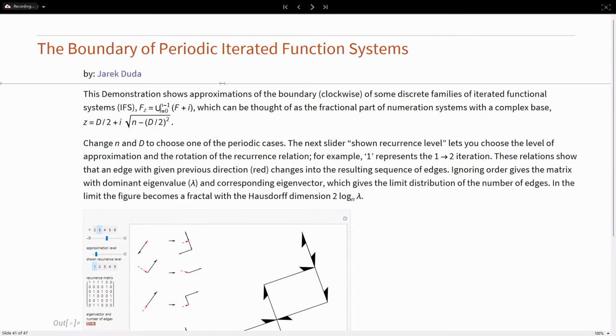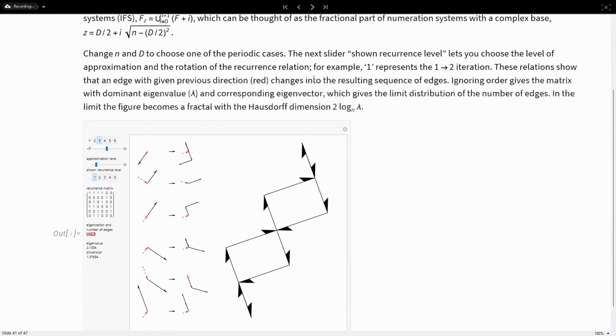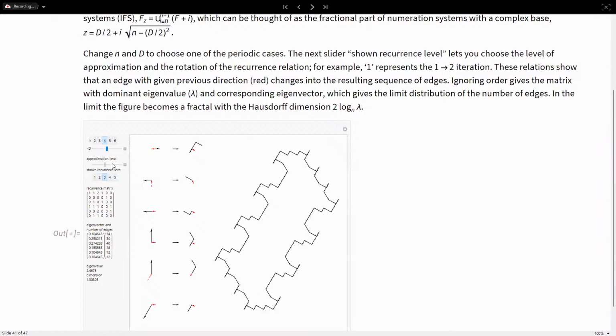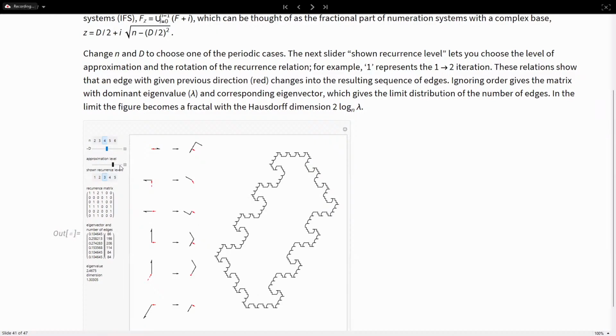Another application for matrices is iterated function systems. So here's an example of a recurrence matrix. And as we change the set of vectors and matrices, we get different behaviors. And that leads to different fractals, such as this object here.